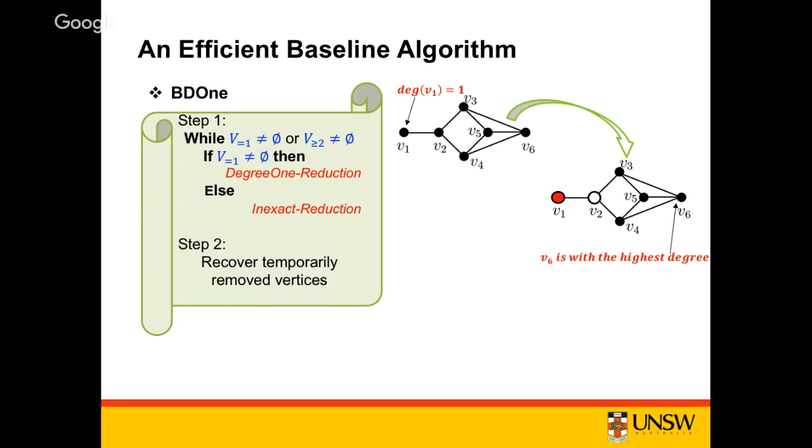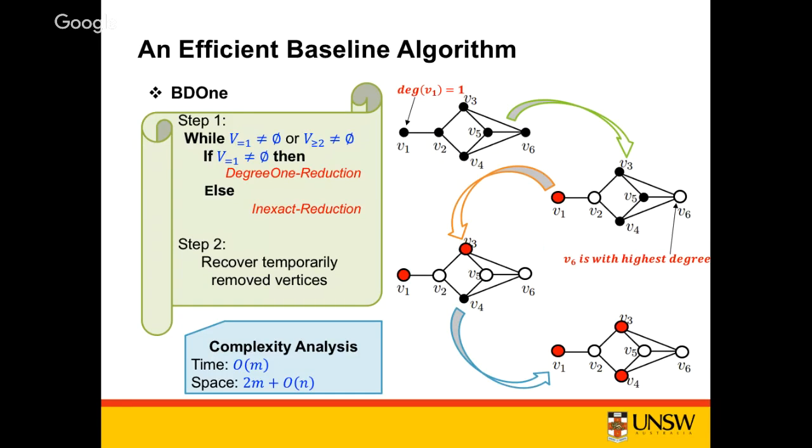Now, in the remaining graph, we cannot apply the degree 1 reduction because there's no vertex with degree 1. So we apply the inexact reduction. We remove V6 from the graph. Now, after we remove V6, we can recursively apply the degree 1 reduction because both vertices V3 and V4 are of degree 1. So we remove V5 and we get an independent set of size 3.